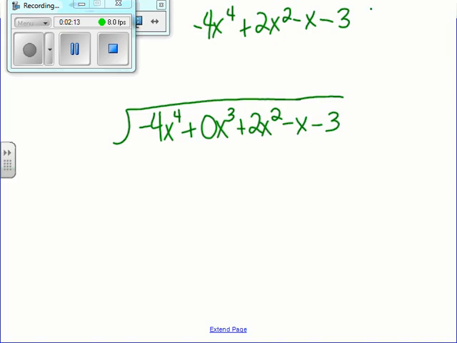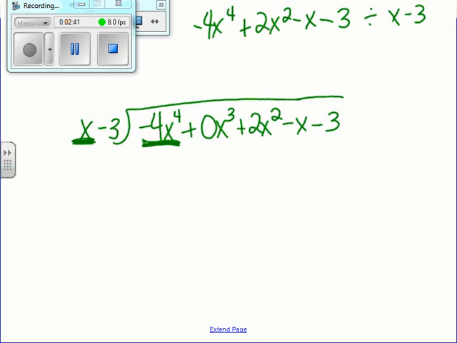So say I was dividing that by x minus 3. That's going to come out front, and then I'm going to start my division. So basically what you're doing is trying to figure out how many times the first term in the divisor would fit into the first term in this polynomial.